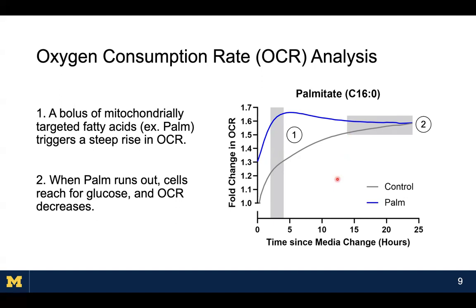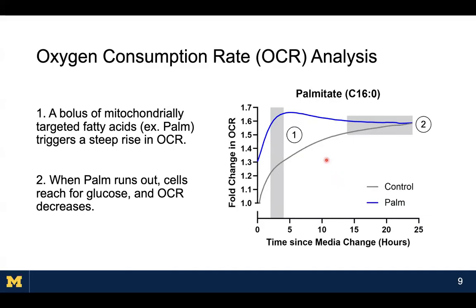Can I just ask, what concentration of glucose are you using when you give the palmitate bolus? Yes, we have 5 millimolar glucose in our serum-free media. The cells also have other mitochondrial substrates like amino acids in the media as well, so they can actually survive with even the control that didn't have this palmitate bolus.